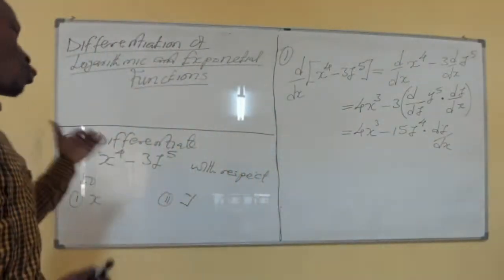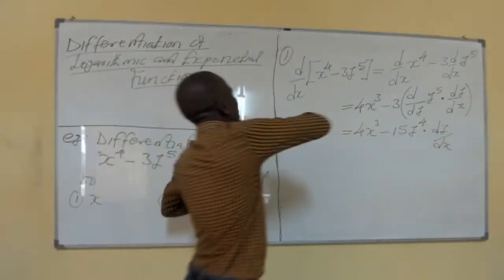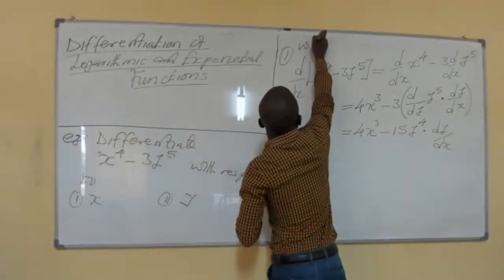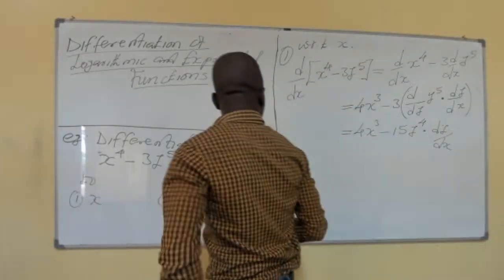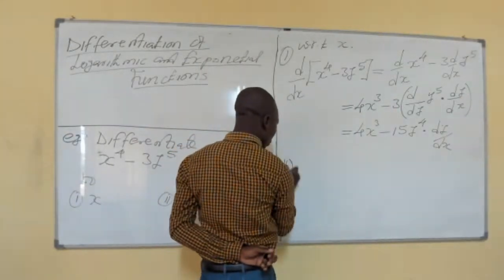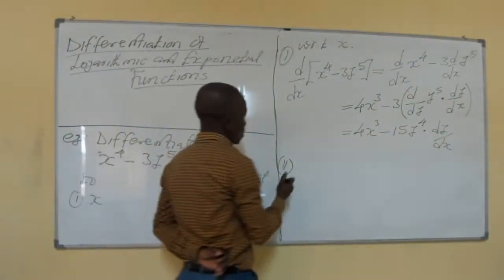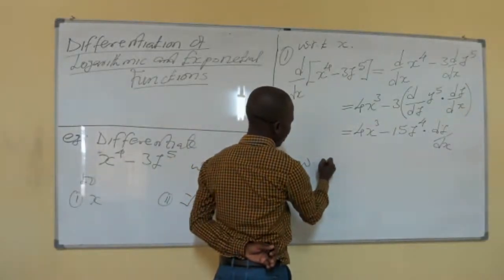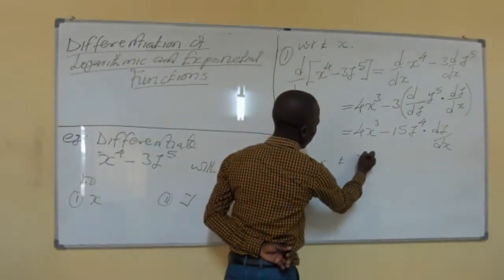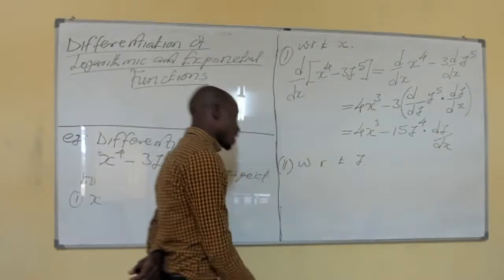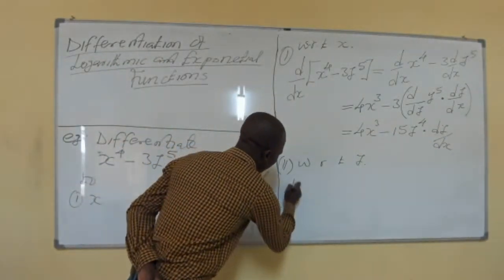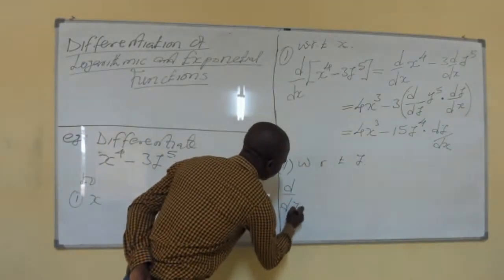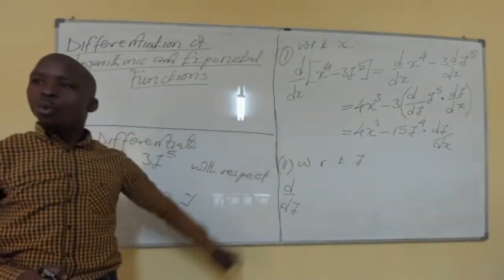Now, that is part 1. In part 1, we are differentiating with respect to what? With respect to x. In part 2, you will see what is going to happen. We are differentiating with respect to y. So how do we handle it? The starting is the same. Here, we are going to differentiate with respect to y.